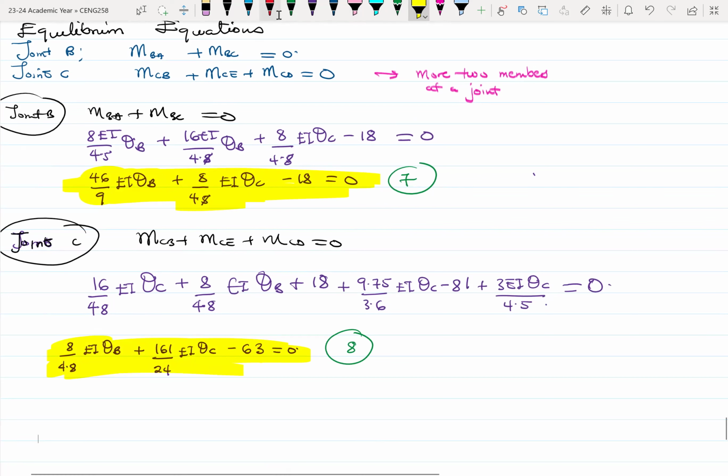So we can say solving equations 7 and 8 simultaneously.